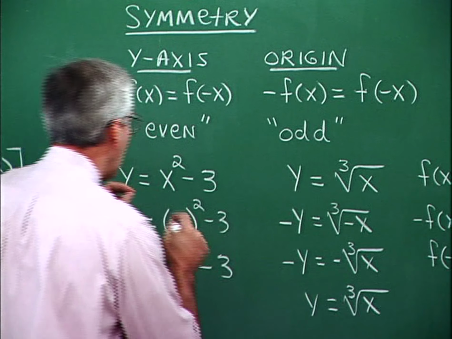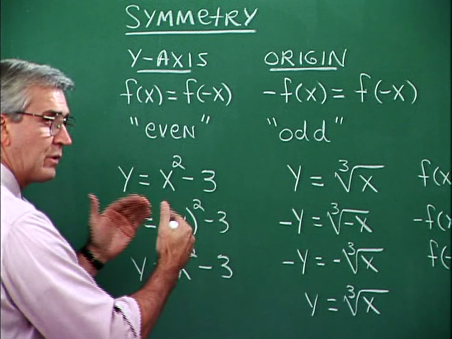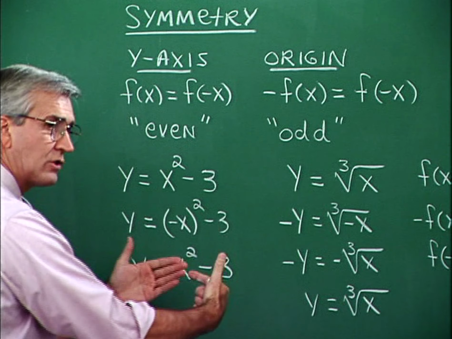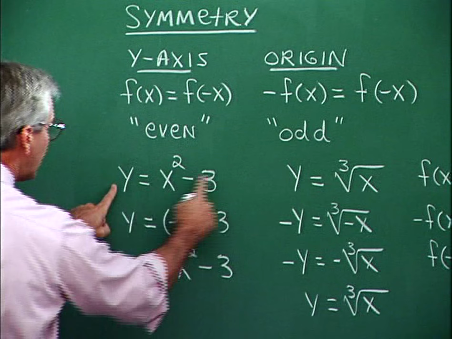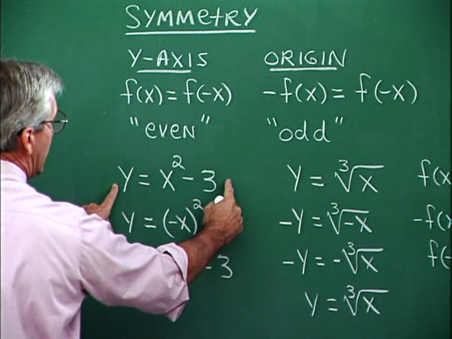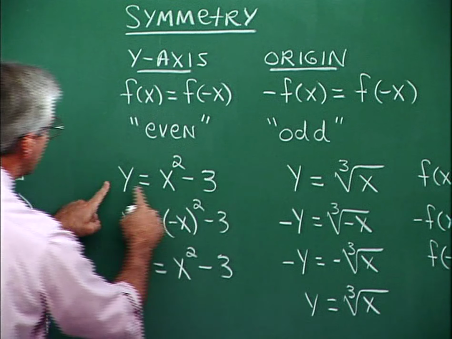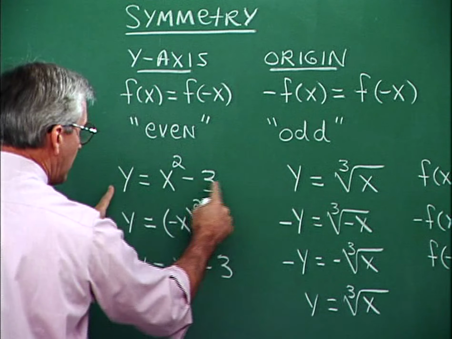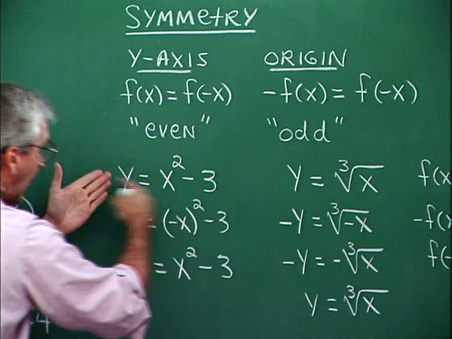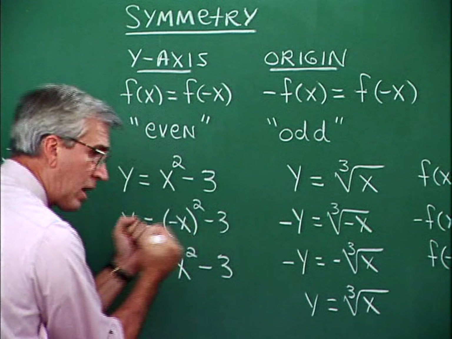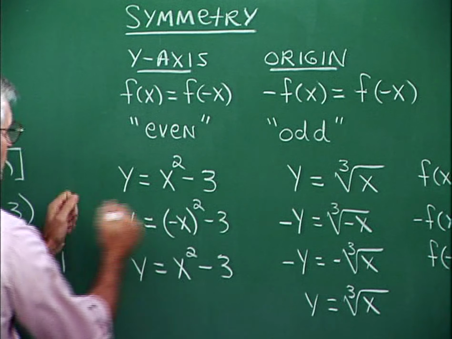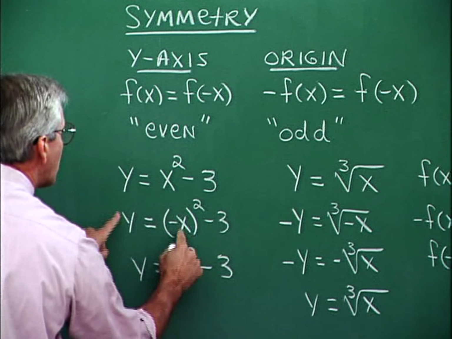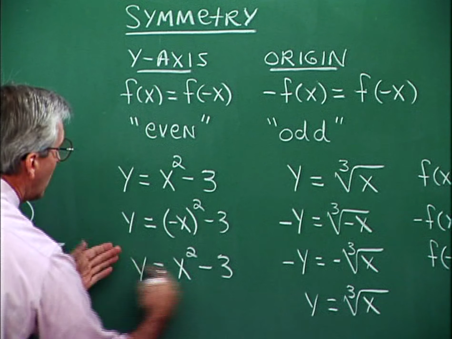And so if we replace x with negative x, we should get an equivalent function. We start with our equation or our function, and this is really f of x equals x squared minus 3, but I'll write it like this as the working model for our function. We replace x with negative x, and we get what we started with.